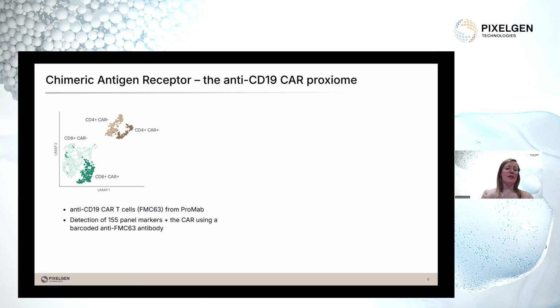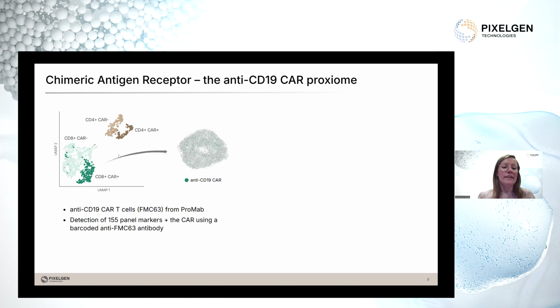Here you can see a high-dimensional clustering of our CAR T cell sample. You can see that this sample contained both CD4 cells and CD8 cells. This particular sample had more CD8s than CD4s, and about 40% of the cells were CAR positive, both in the CD8 and the CD4 population.